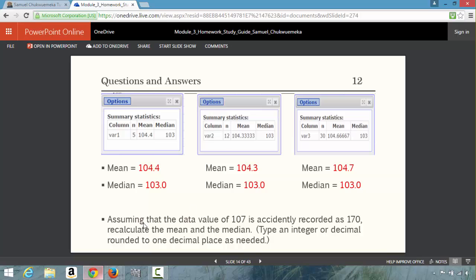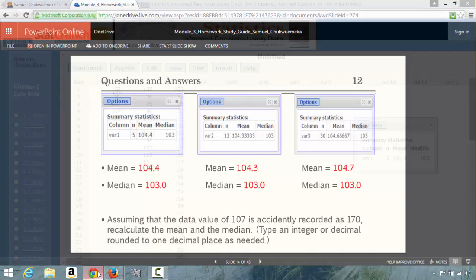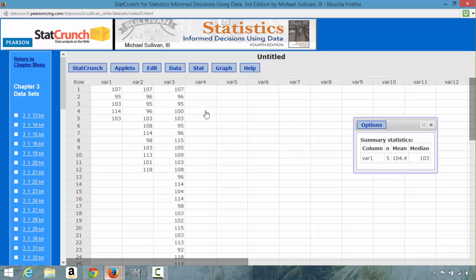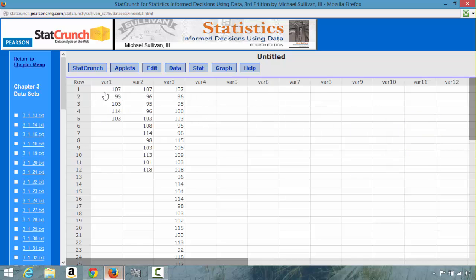There's a question here. Assuming that the data value of 107 is accidentally recorded as 170, recalculate the mean and the median. So let's look at all 107s and put 170s. We are trying to illustrate something here. So you close this. All the 107s, put 170.